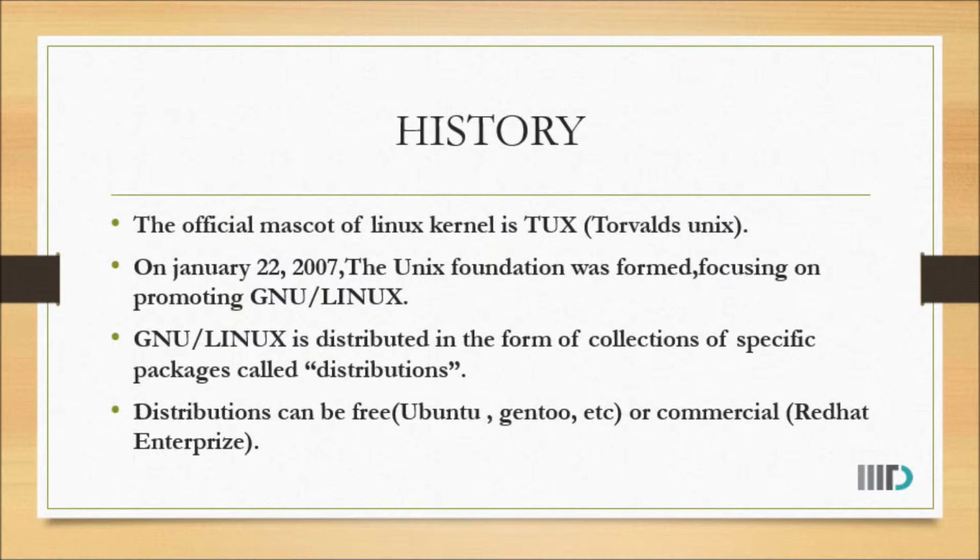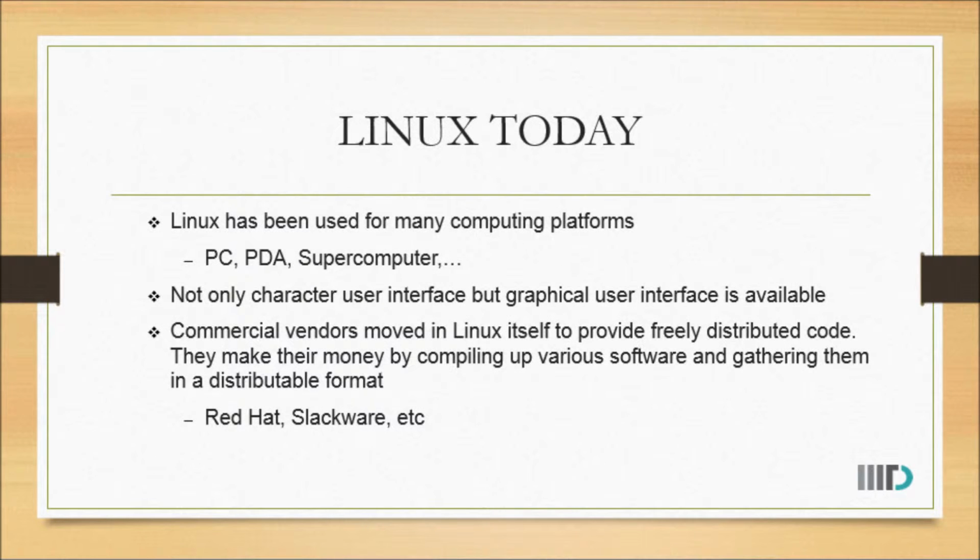GNU/Linux is distributed in the form of collections of specific packages called distributions. Distributions can be free or commercial. Linux today. Linux has been used for many computing platforms: PC, PDA, supercomputer. Not only character user interface but graphical user interface is available.